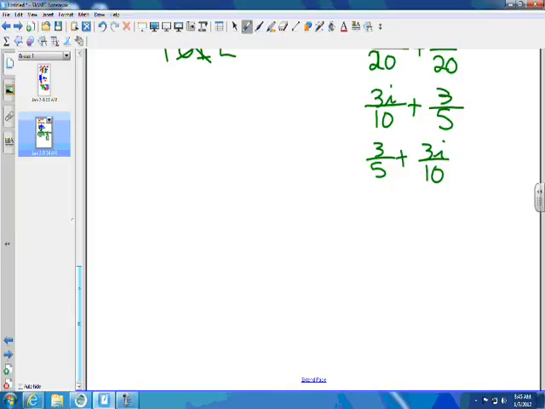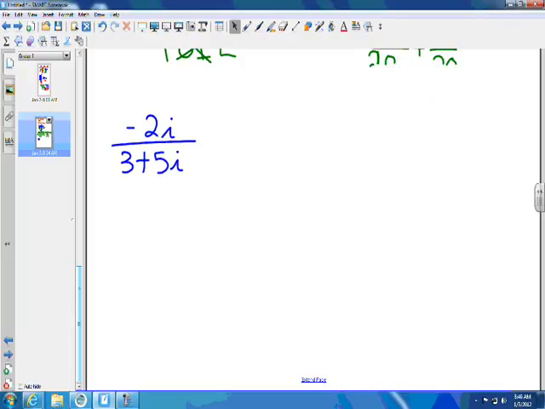Negative 2i over 3 plus 5i. So same thing as the last example. What do we need to multiply by on the top and bottom? 3 minus 5i.